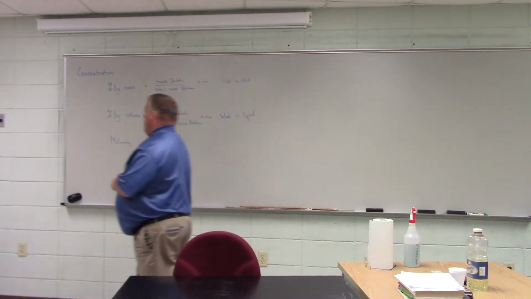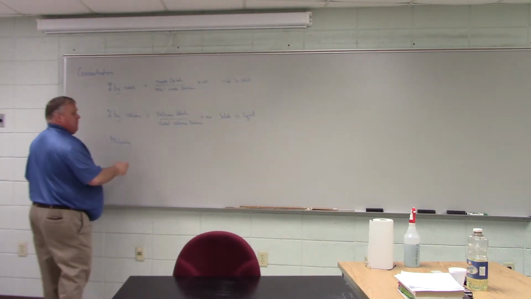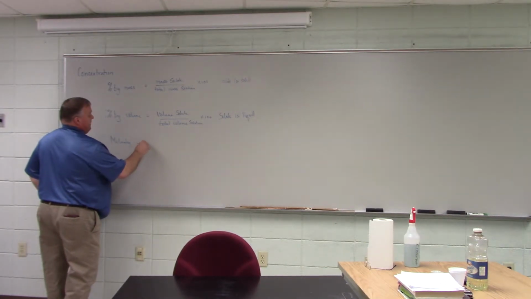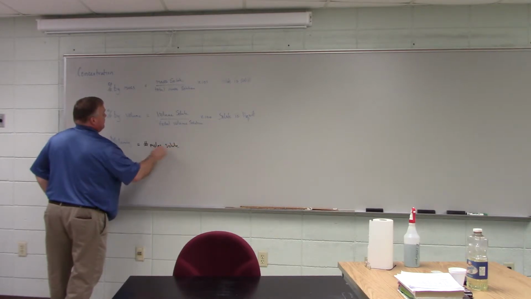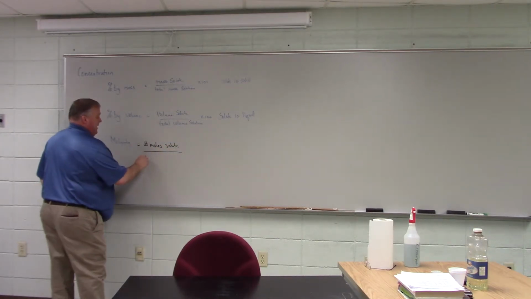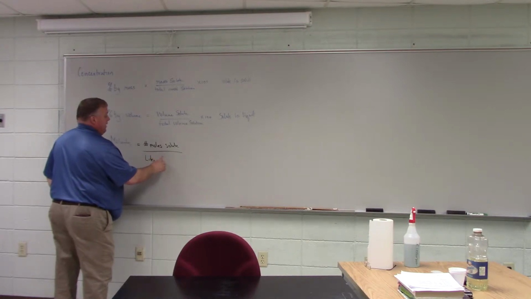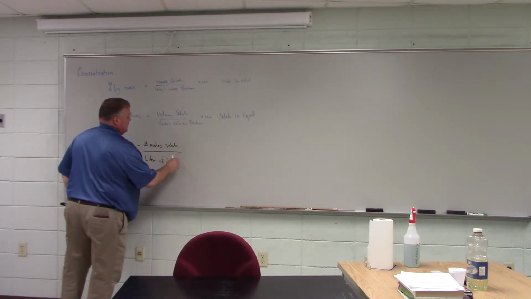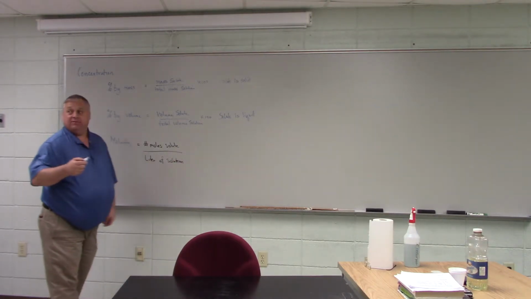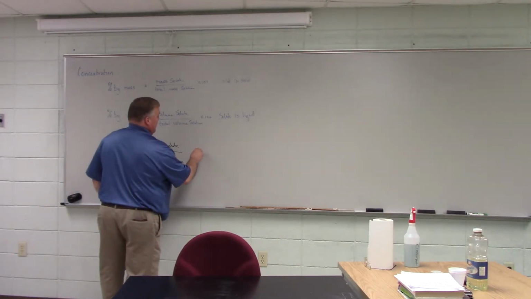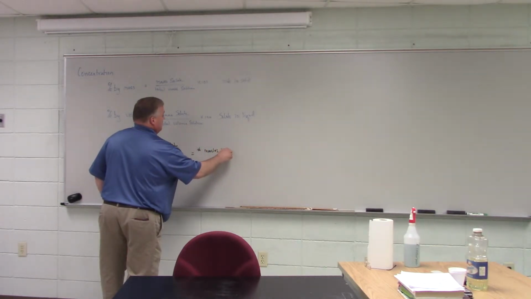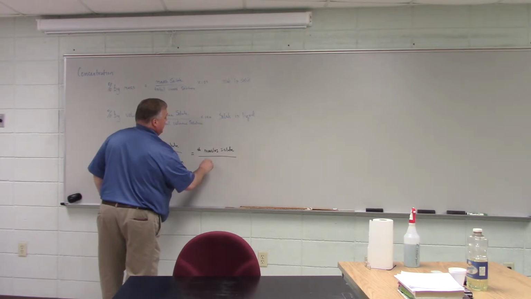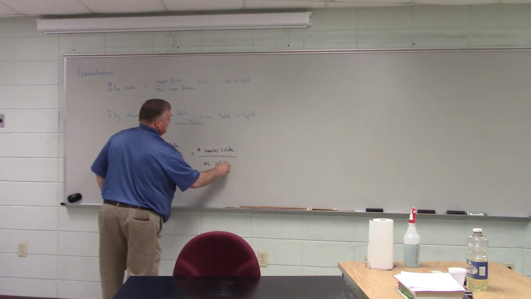The main one that we're going to use in our chemistry class is molarity, and molarity is defined as the number of moles of solute per liter of solution. Now it may also be defined as the number of millimoles of solute per milliliter of solution.